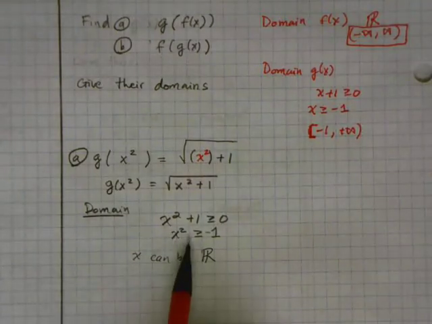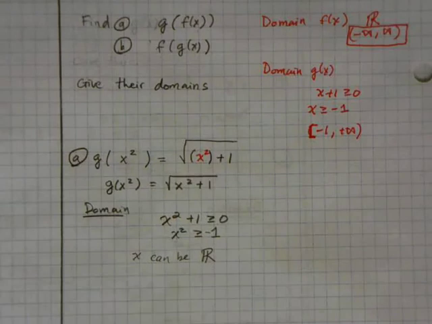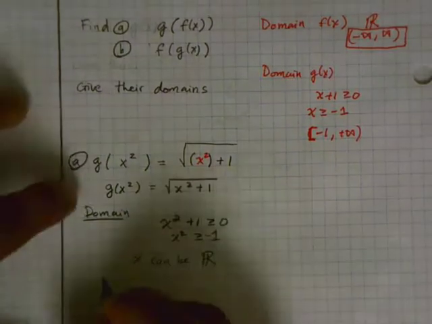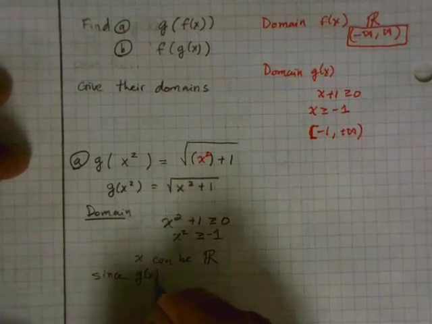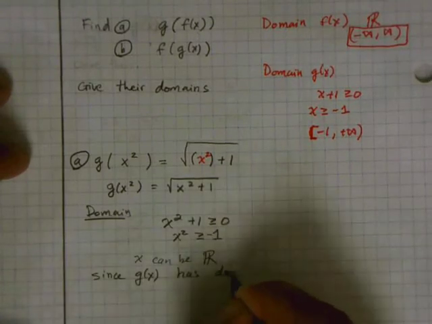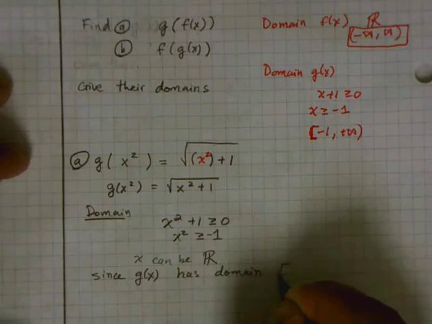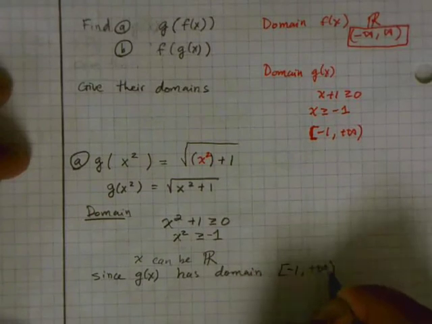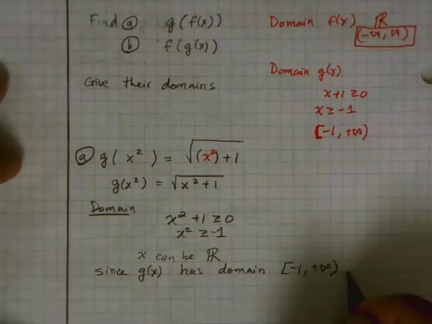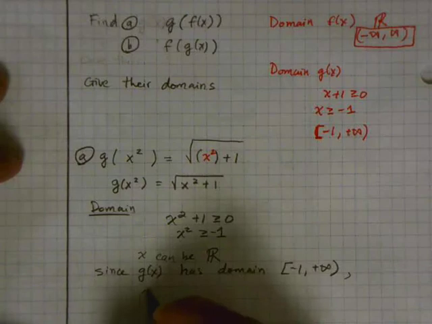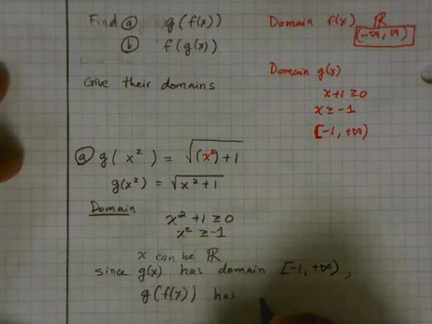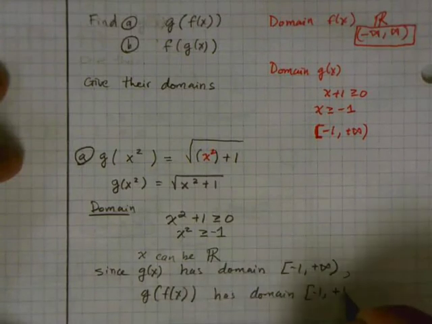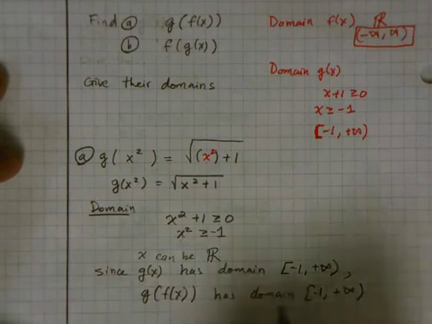So even though in this function x can be all real numbers, in the original function, and I'm going to say here, since g of x has a domain from -1 to positive infinity, okay, and it's more restrictive than this, then g of f of x also has domain from -1 to positive infinity.